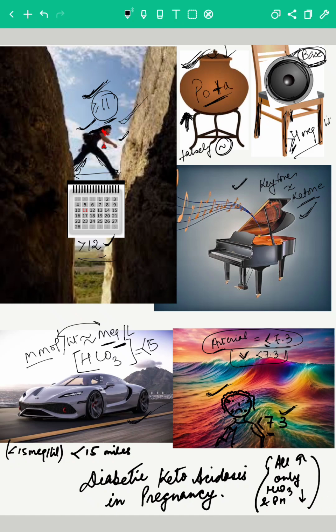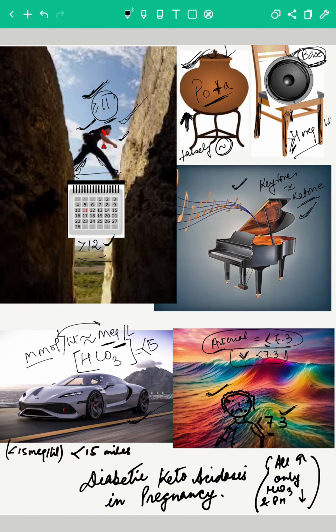She goes to meet her grandma who is 73 years old, and the arterial pH thus is 7.3 or less. And this grandma is poor, she is old, so she is driving a car which has a speed of less than 15. That is, the car stands for the bicarb, which is less than 15, either milliequivalents per liter or millimoles per liter. It means the same thing because bicarb is univalent.